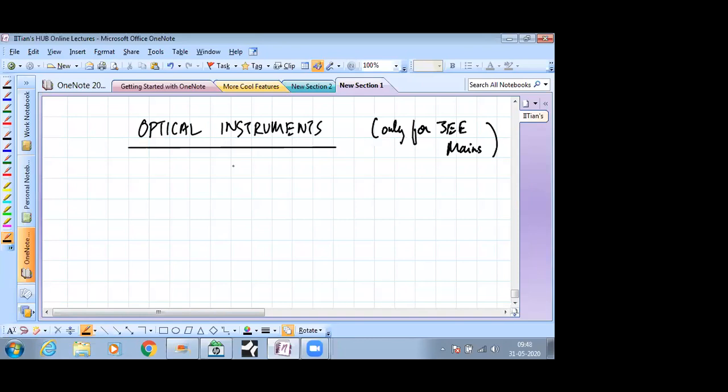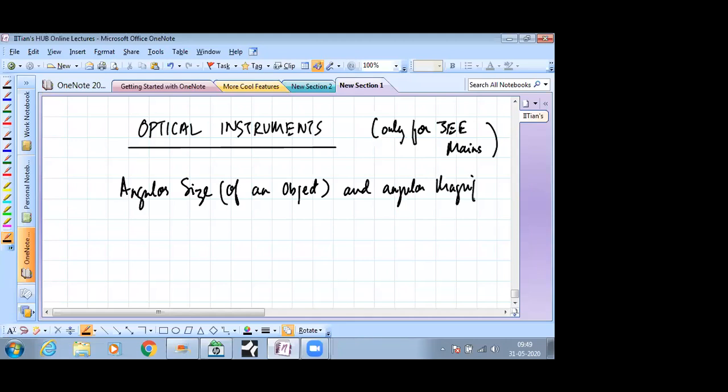Okay. So before we get into optical instruments, we will understand the concept of angular size of an object, and from that, the concept of angular magnification. What that means, let's understand.